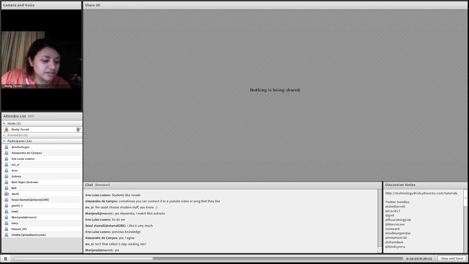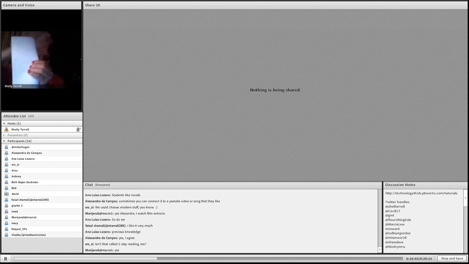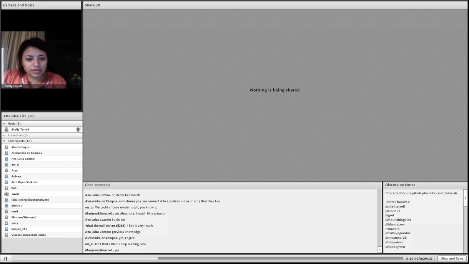Yeah, there are different types of reading strategies. There's the five-step. But basically, you get a sheet of paper. So I'm going to grab this sheet of paper here. This is what the student will do. They'll grab a sheet of paper, and then they'll fold it in half like this. And while they're reading, they write on the side.